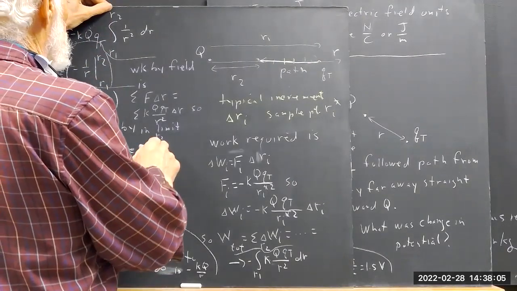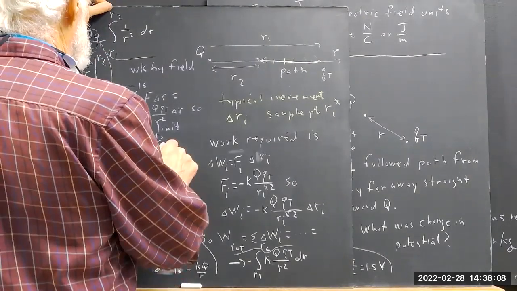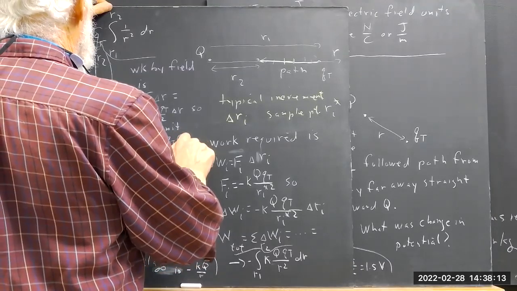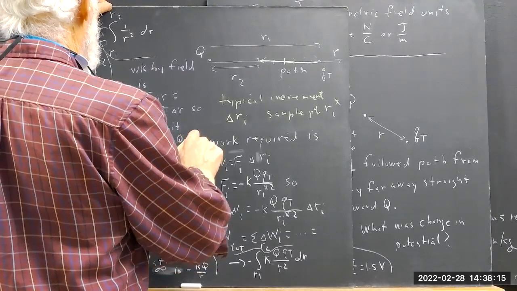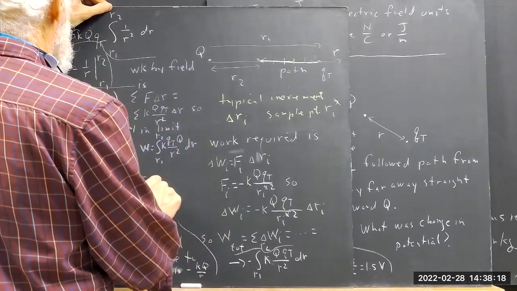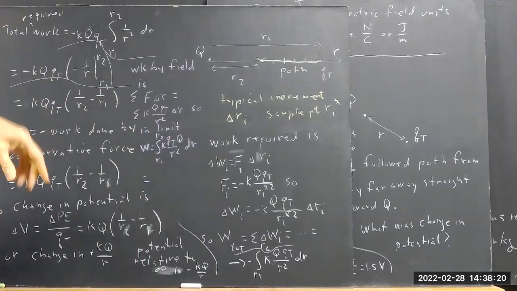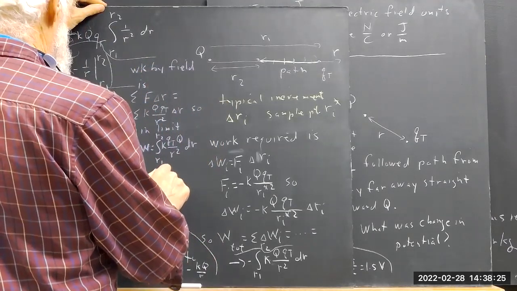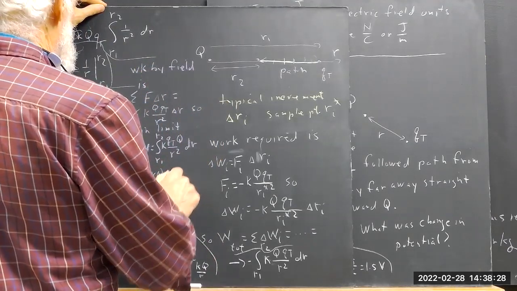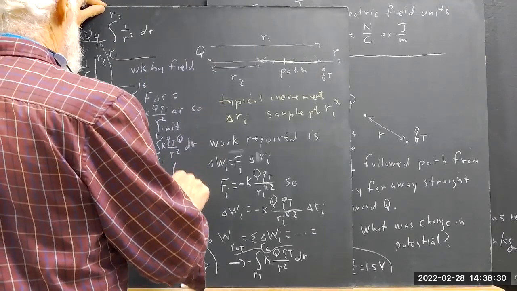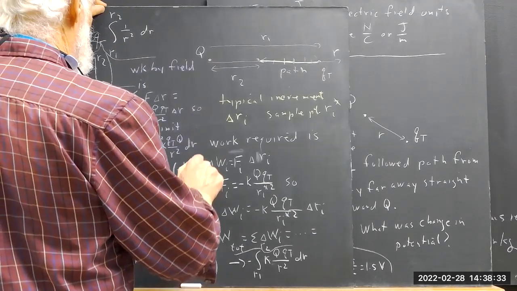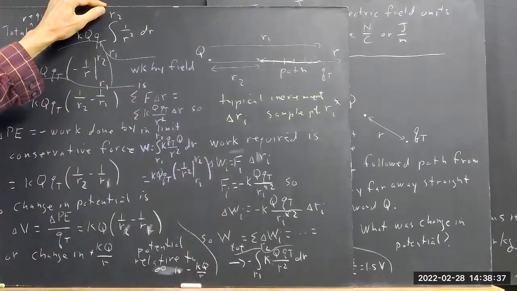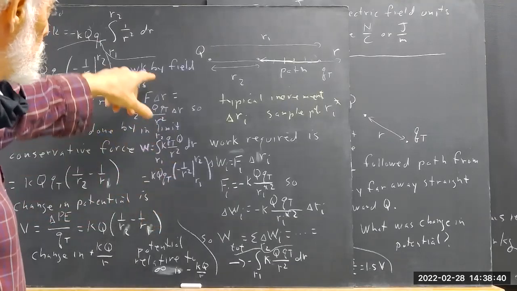Work is the integral from R1 to R2 of K QT capital Q over R squared dR. Okay, so we get this integral. That's the work done by the field.